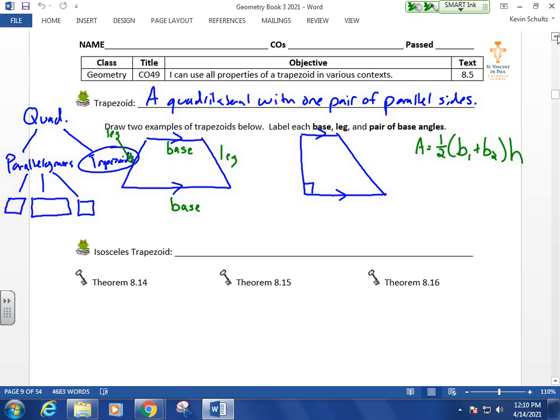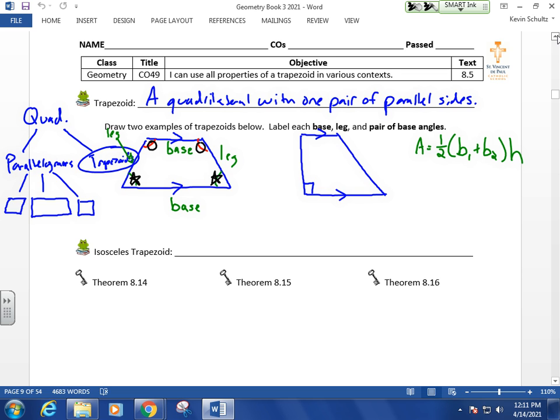And then the base angles, you've got one pair down here and one pair up top. Okay, and I'm not meaning to mark those congruent. I should do a different symbol here because I don't want to confuse anybody. Base angles here, one pair here, and base angles here, one pair there.